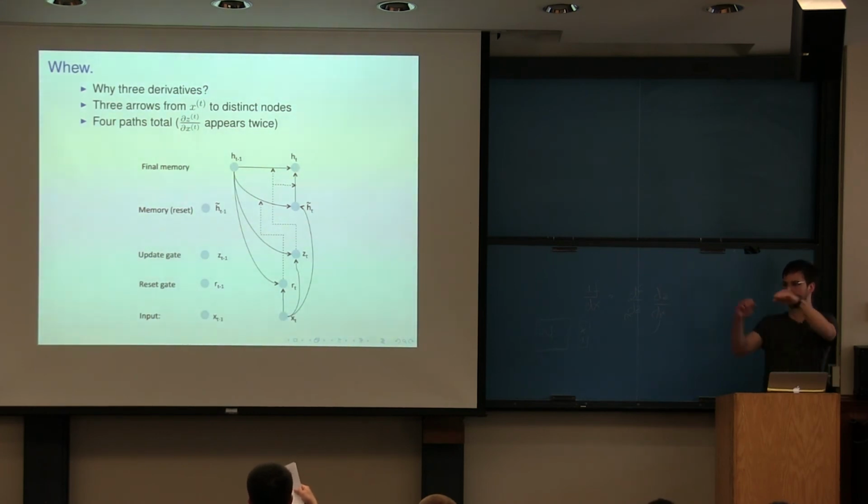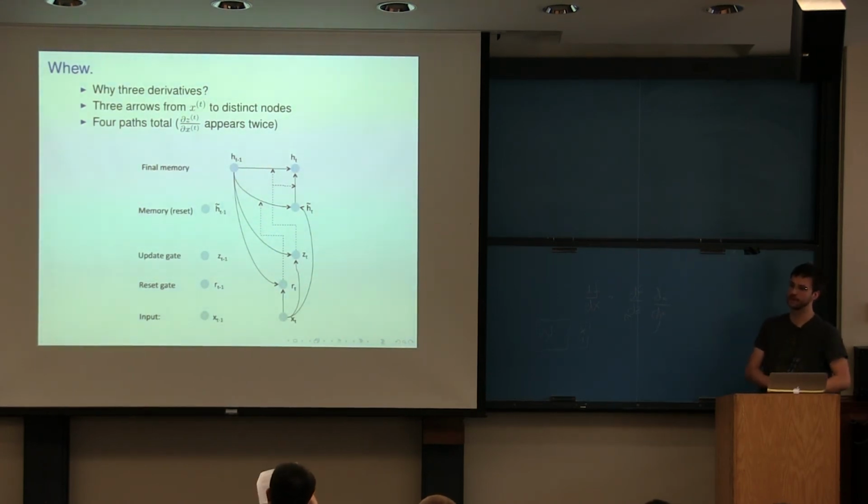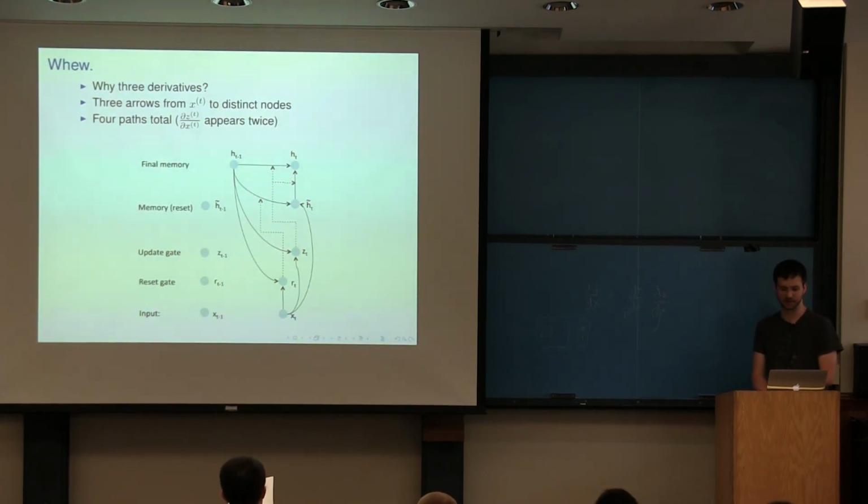So when you're going back, you have to follow both paths and sum them up. Again, this is really just the chain rule applied to products. You have to expand things out into a sum, account for every possible path of information flow. So you sum this up, you get 4 paths total. There are 4 terms in the original equation, and so on.